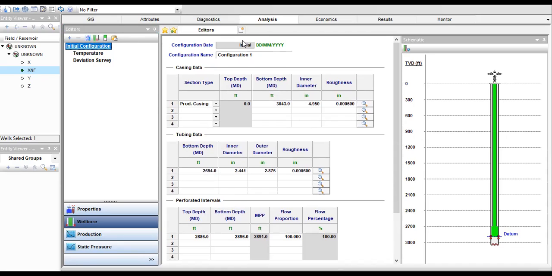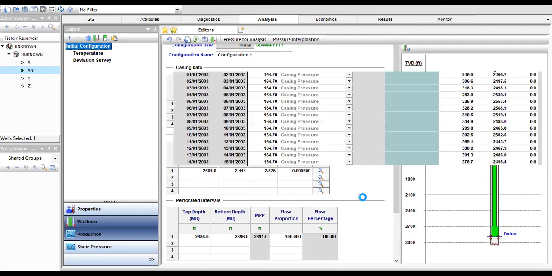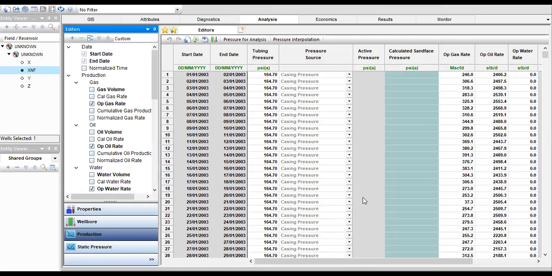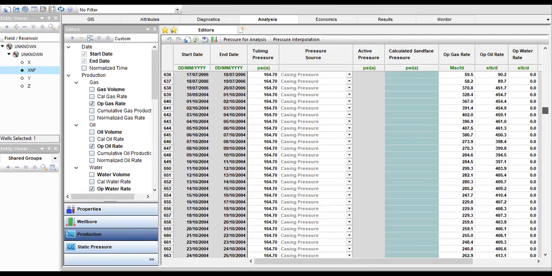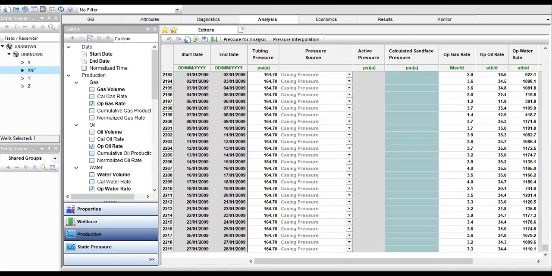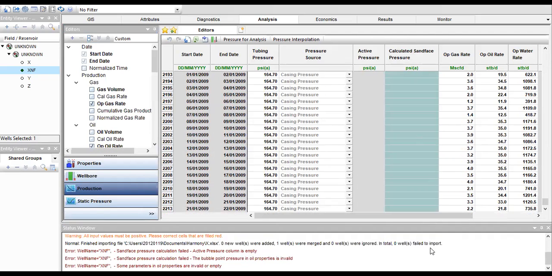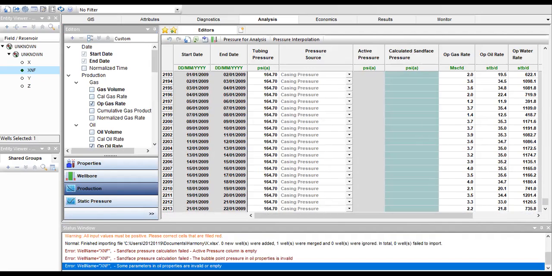So we can look at the production, sandface pressure. Okay. So now we can read the message again. Some parameters in oil properties are invalid or empty. Okay, right. So this is our next homework.